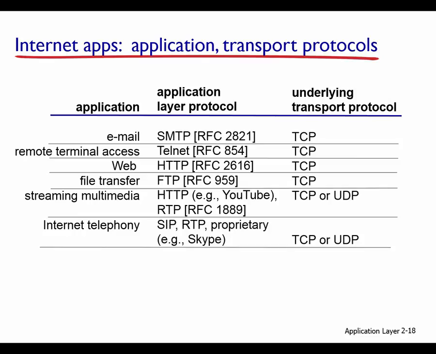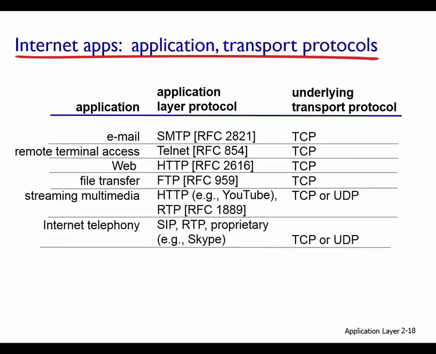You can see that with streaming multimedia and internet telephony, you can use either TCP or UDP. We'll talk later about some advantages to using either. Sometimes TCP can be a little bit slow, but you need some of the features of TCP.